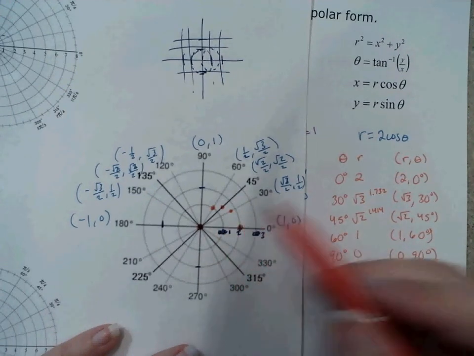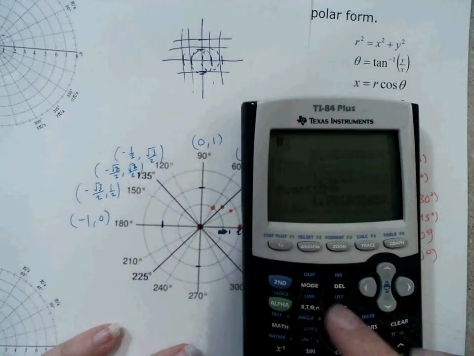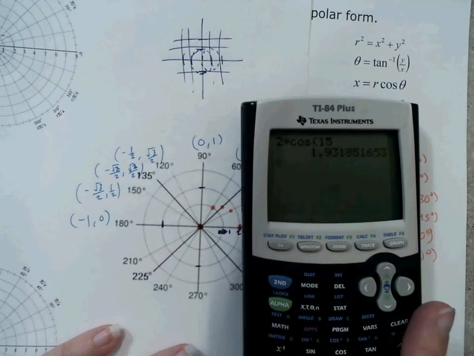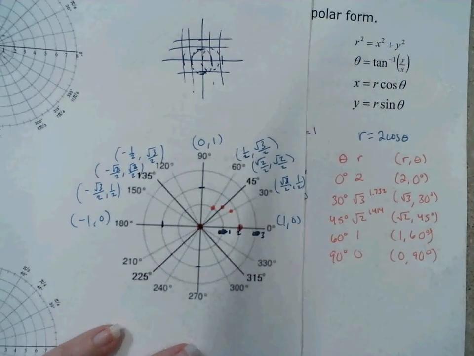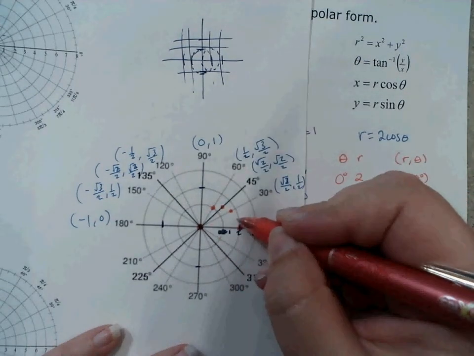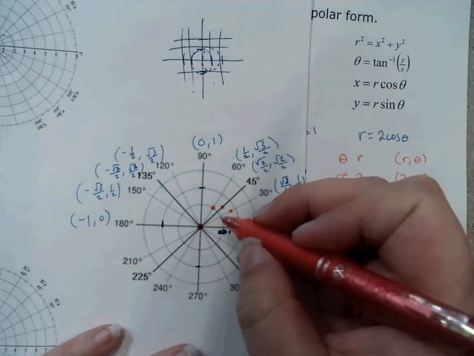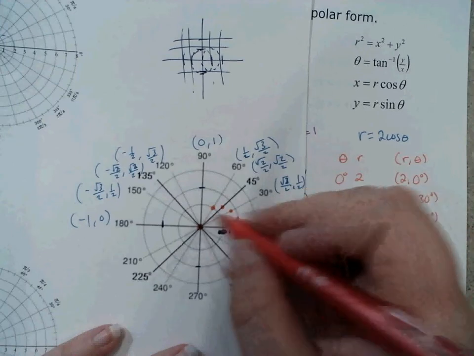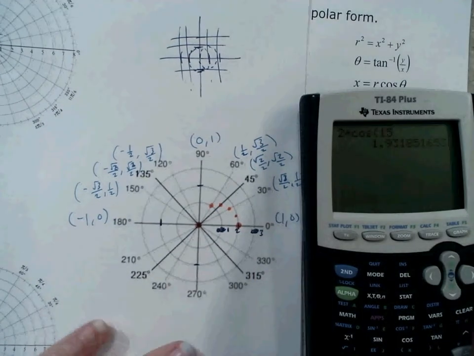In fact, if we were to do 15 degrees, let's see if I'm in degree mode. 2 times cosine of 15 degrees gives me 1.932. So at 15 degrees, I would be at 1.9 something, really close to that line. You can see how we get closer and closer to the circle shape the more degrees I do.